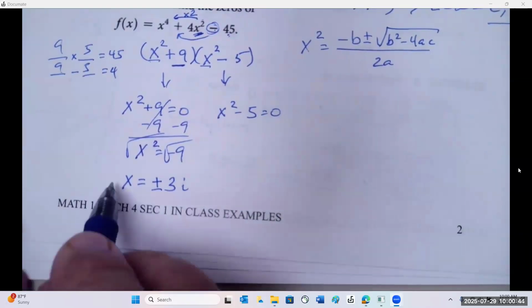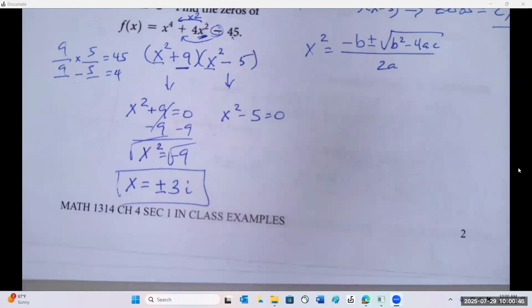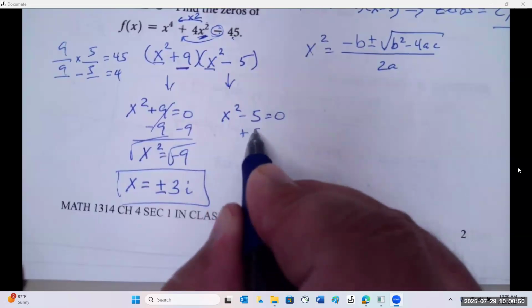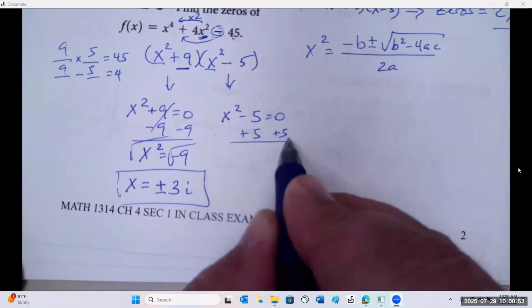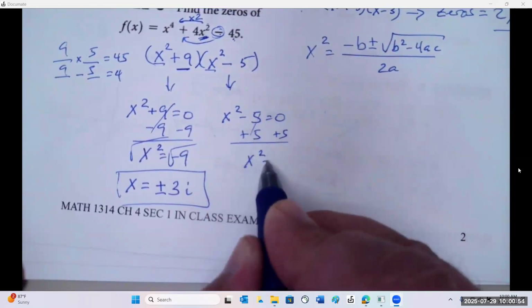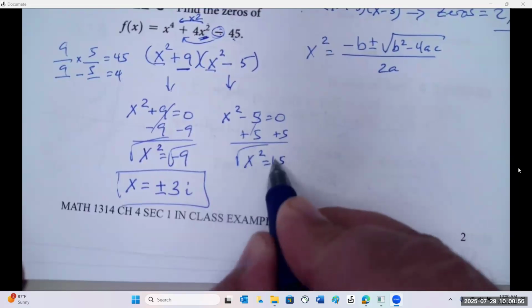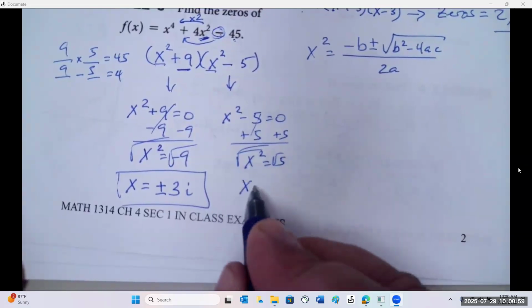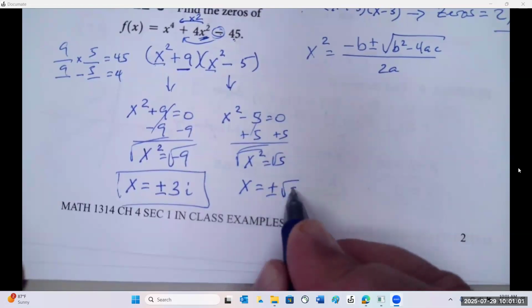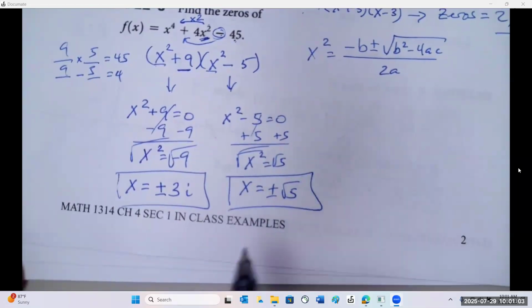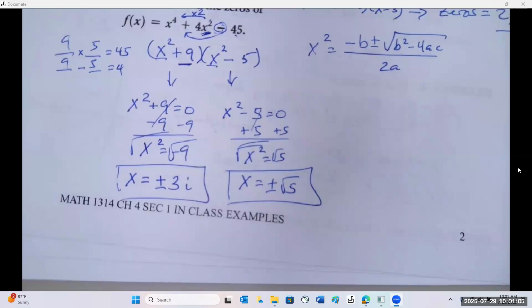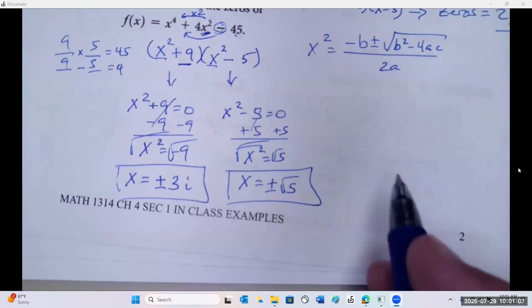So those are two of my zeros right there. Add 5 to both sides. x squared equals 5. Square root both sides. So x is equal to plus or minus square root of 5. There's my other zeros. Those are my zeros.